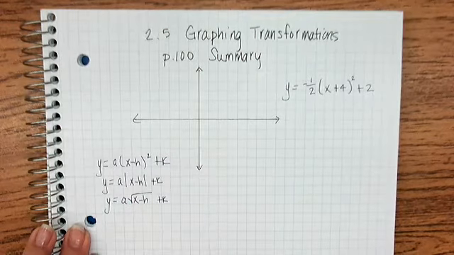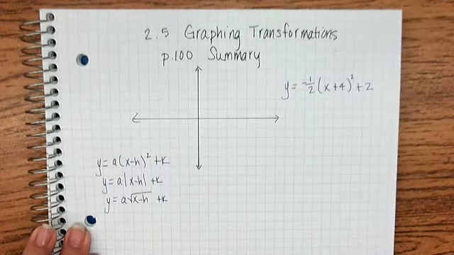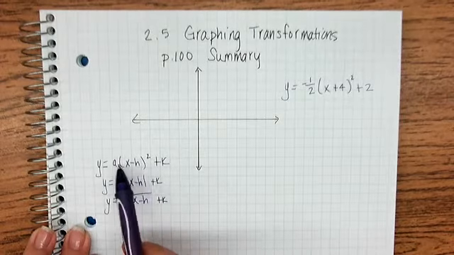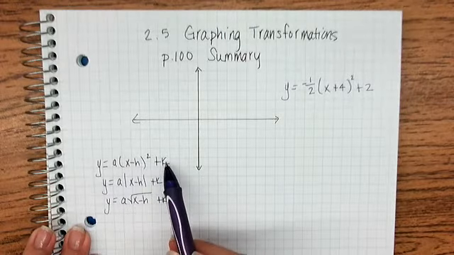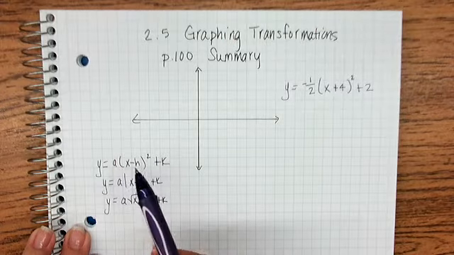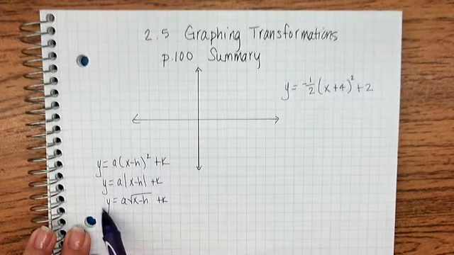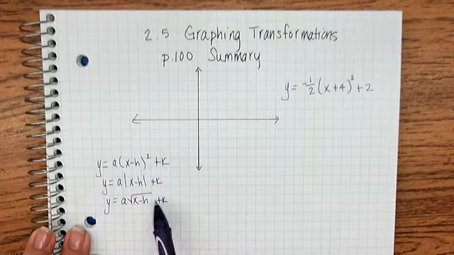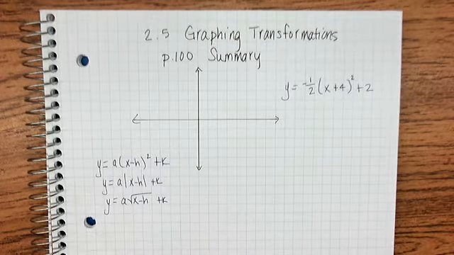You figure out the shift for all of your parent functions the exact same way. h is the horizontal shift, k is the vertical shift, a is your stretch, compression, and reflection. The difference between these, there's 20 of them or whatever, is what shape you are drawing.